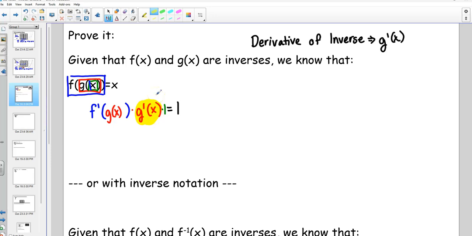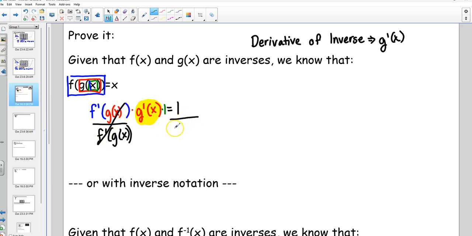If I'm trying to solve for g prime of x, what do I need to do? I need to move the other stuff to the other side. How do I do it? Just got to divide, right? So if I divide this side by f prime of g of x, here it just goes away.